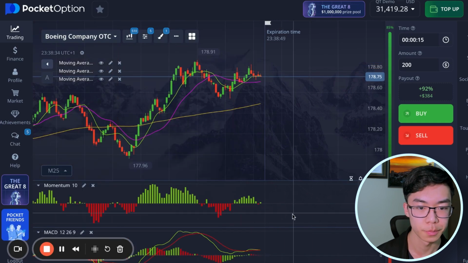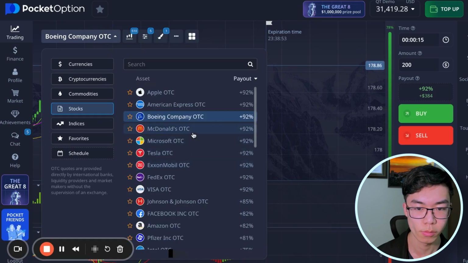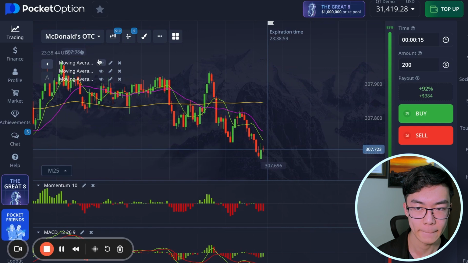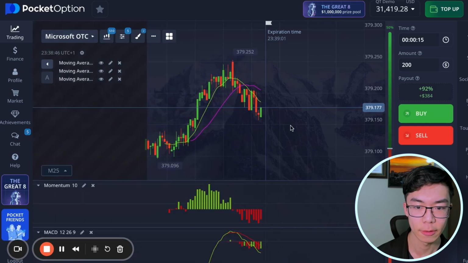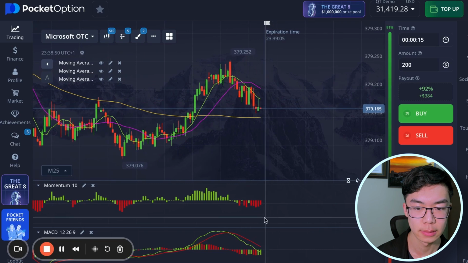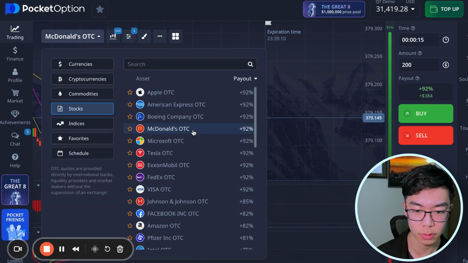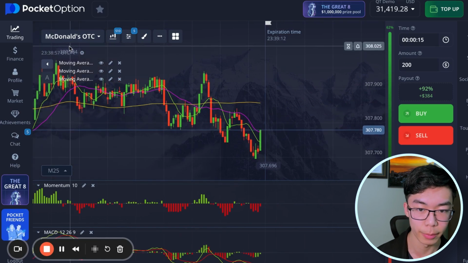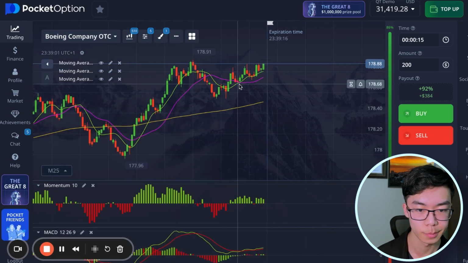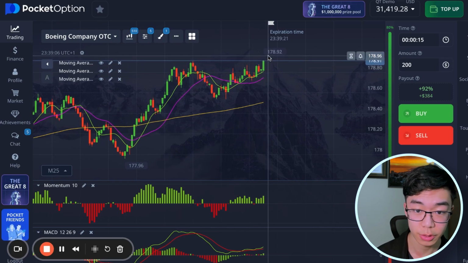Okay, so things are going downwards here, right? Crossover downwards. Things are starting to go back up a little bit for the momentum, though. Crossover here just now.